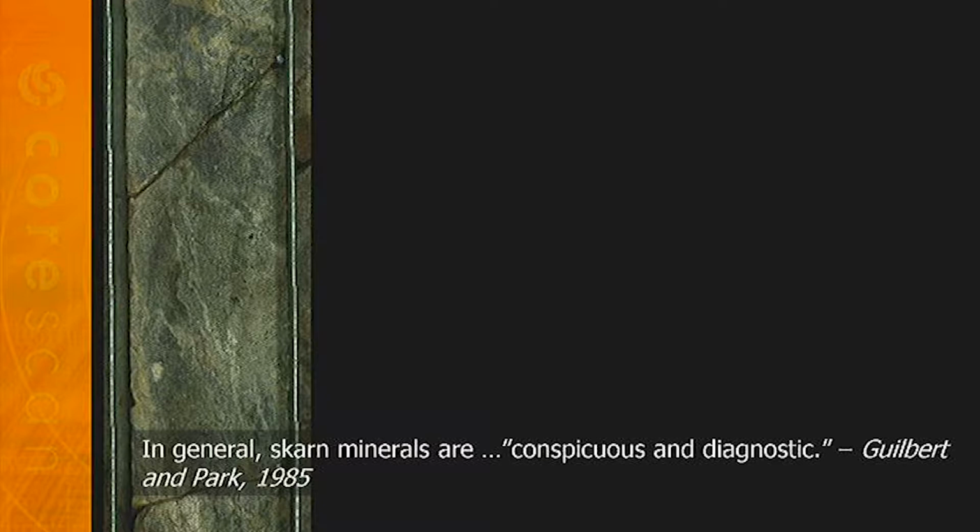So I'm not trying to tell you that I can do something that a human can't do here. What I'm going to be showing you is that we can do the same detections that a human is capable of, but automate that and make it more consistent, as well as identify some of these conspicuous and diagnostic minerals, like epidote, at very fine scales and in very fine-grained material.